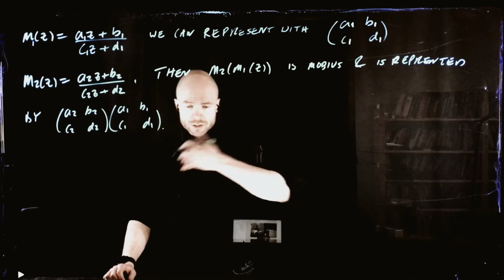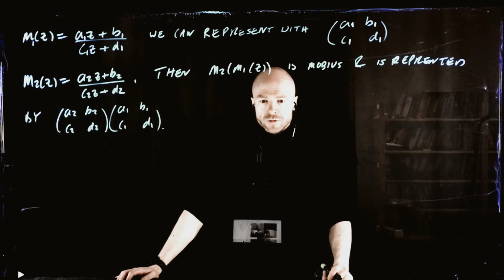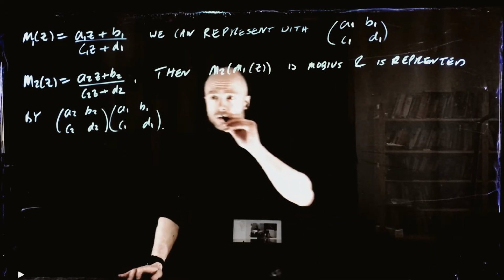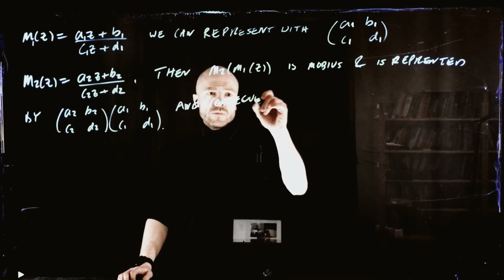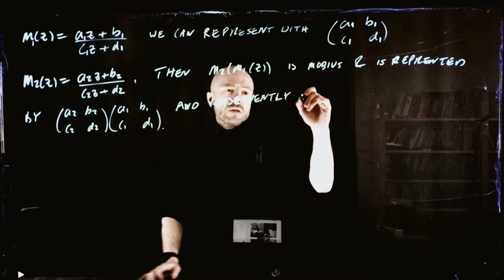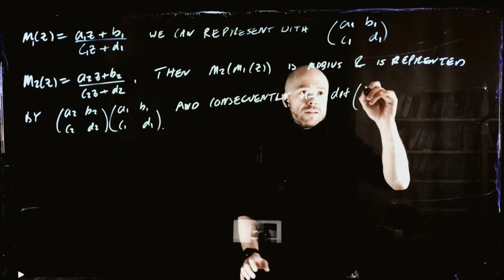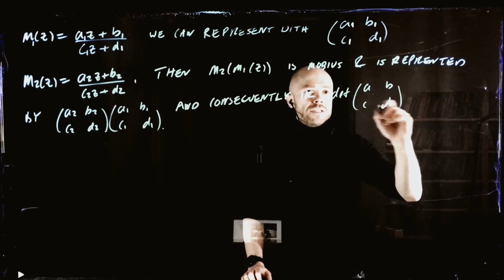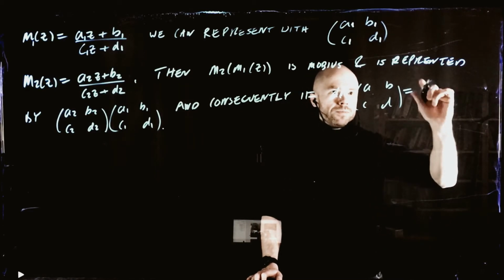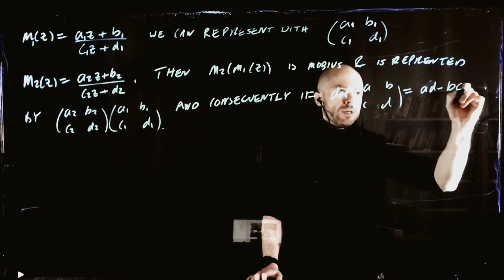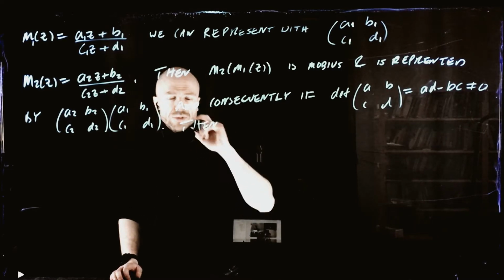So this is just a computation. This is going to be one of your homework questions. You're going to write this out and check for yourself if it's actually true. Yeah? And as a consequence, if the determinant of the matrix, which is AD minus BC, is a non-zero complex number, then the Mobius transform is invertible.